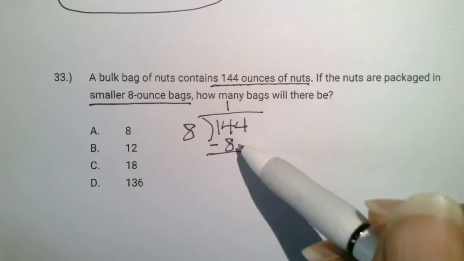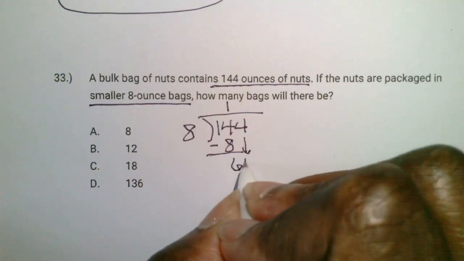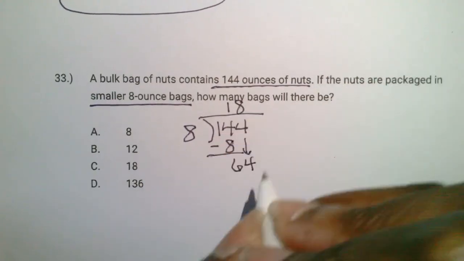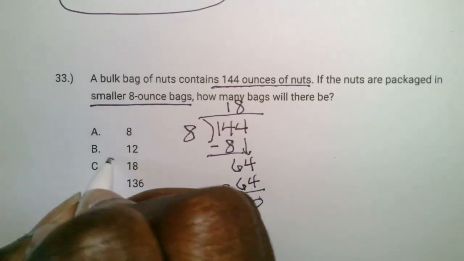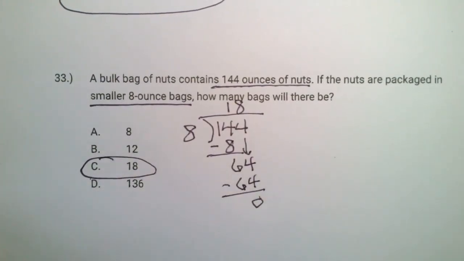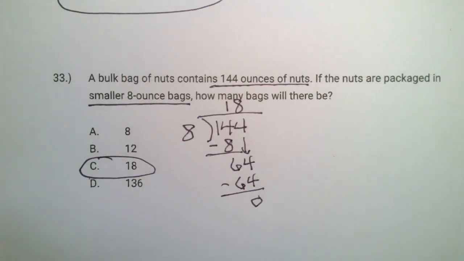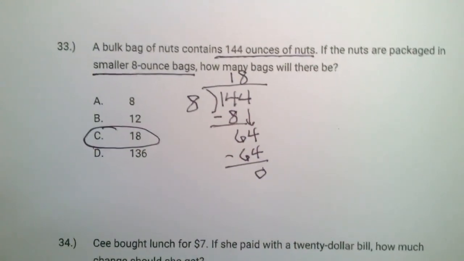So 14 minus 8 gives us 6. Bring down our 4, that gives us 64. And how many 8s can go into 64? Exactly 8. So our answer is going to be C, 18. And you can check it by multiplying 18 times 8.